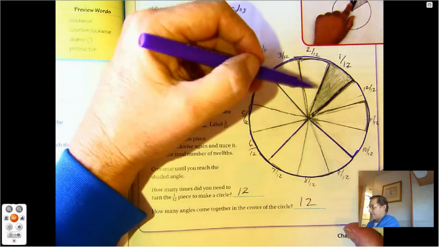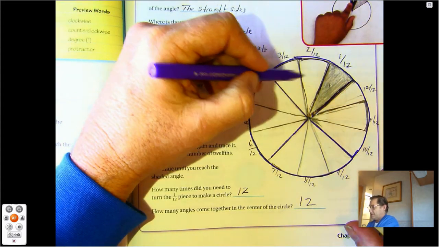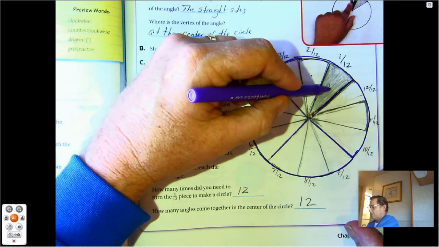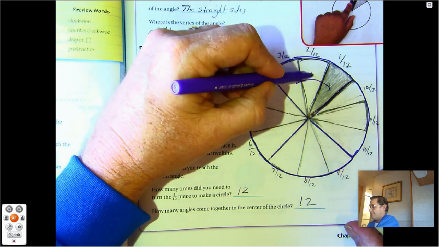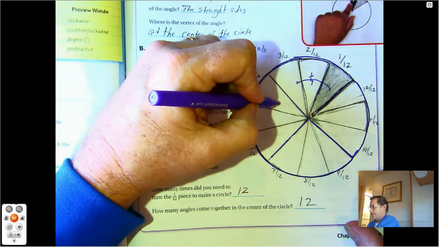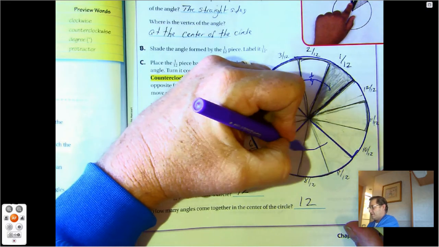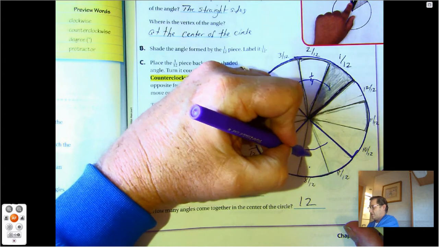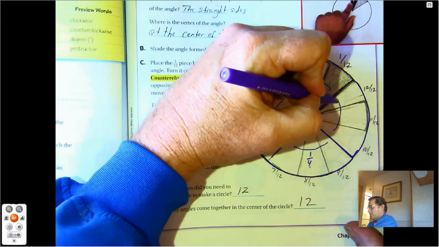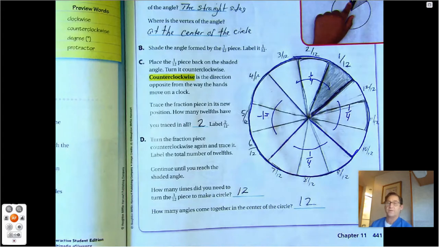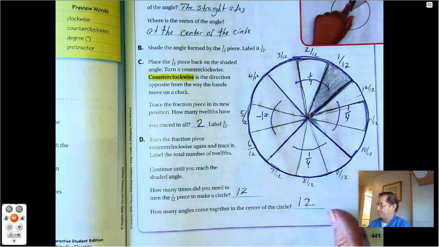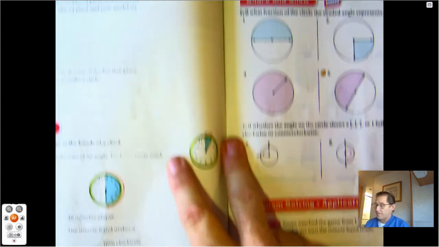So it takes 3 sections. So these three would be 1/4. These three would be 1/4. These three, 1/4. And those three, 1/4.